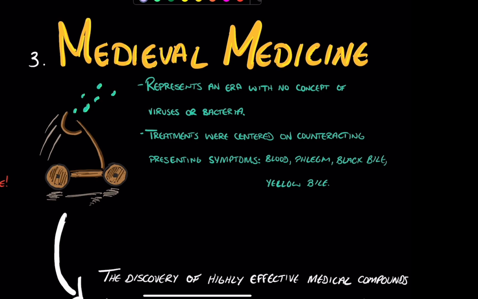So it says here, second point, treatments were centered on counteracting presenting symptoms. If blood or phlegm was found, they were trying to treat things with black bile, yellow bile. You'd find very broad symptoms, and they would do things like burr holes in your head, lobotomies, bloodletting, these weird archaic remedies that you hear of.